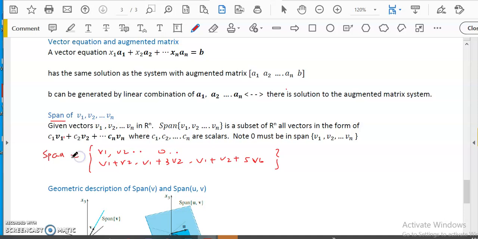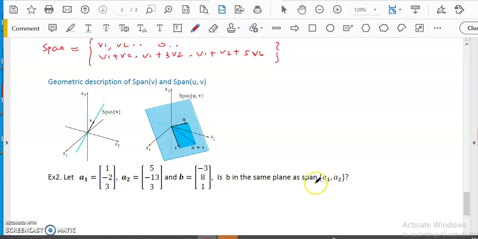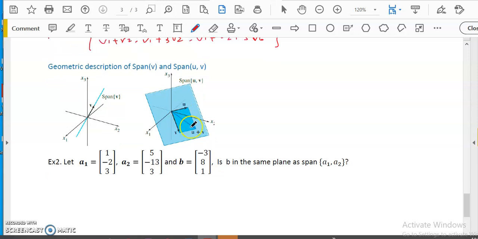What is the geometric description of span of V and span of U, V? If it is the span of one vector V, it's just everything on that line in the same direction as the vector V. If it is the span of two vectors, it's the whole plane: every vector in the plane formed by U and V, every linear combination of them.